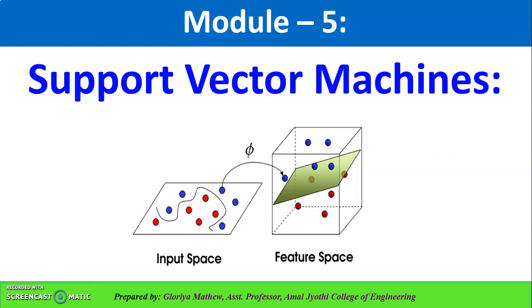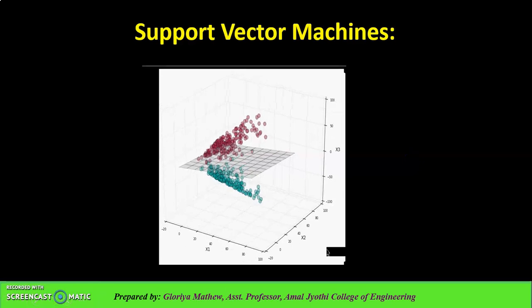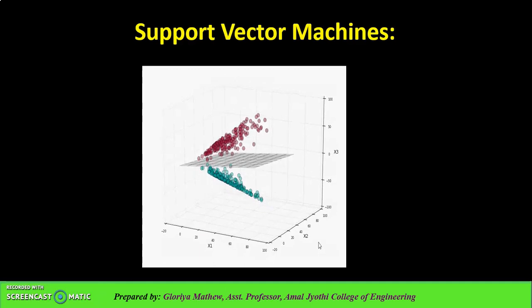In this section, we are going to discuss a black box method of machine learning, that is support vector machine. In the previous module, we discussed neural networks.